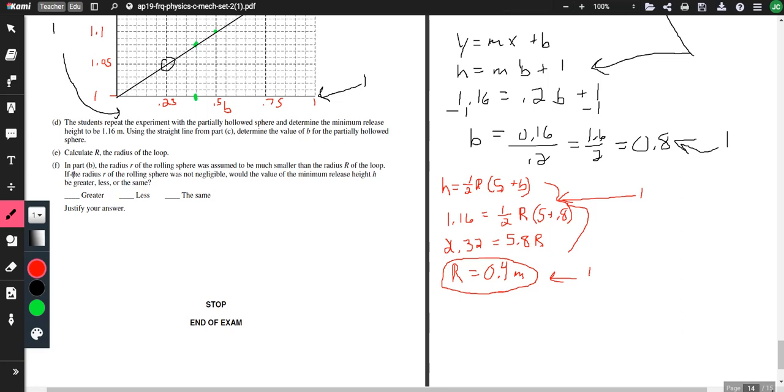All right, part F, the last part. They said that the radius that we ended up using was much smaller than the radius of the loop, and they want us to figure out how this would change if the radius of the rolling sphere wasn't negligible.